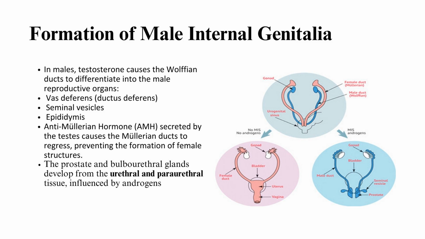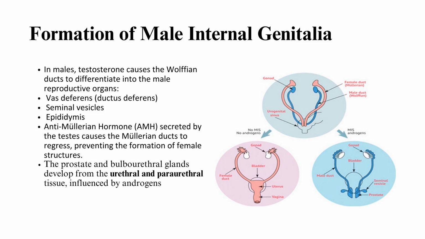Mullerian duct regression. In females, the Mullerian ducts develop into the uterus, fallopian tubes, and upper portion of the vagina. In males, the Mullerian ducts regress under the influence of anti-Mullerian hormone, AMH, produced by the Sertoli cells in the testes. This prevents the development of female reproductive organs.